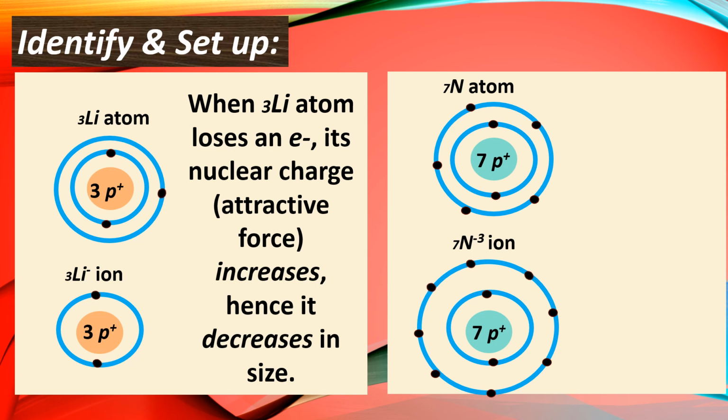So the force of attraction from these 7 protons will be outweighed by the repulsive forces of the 10 outermost electrons, causing the ion to increase in size.